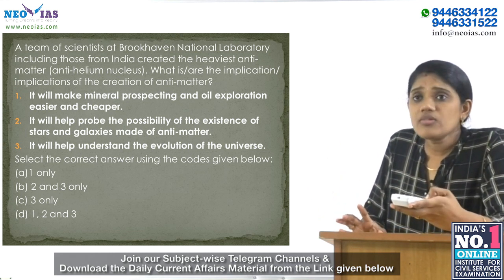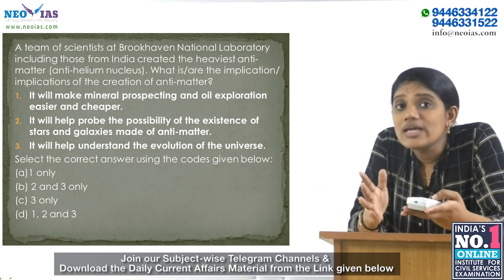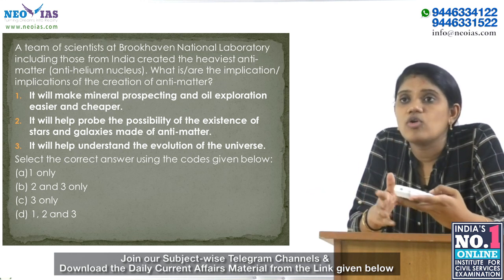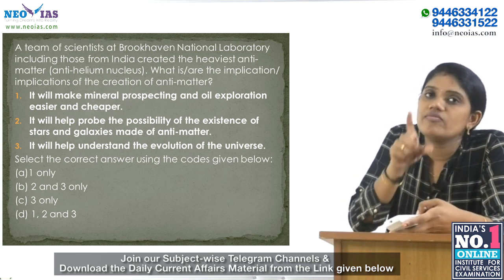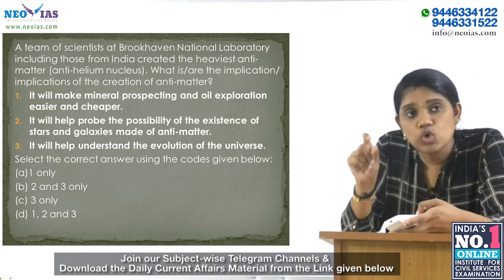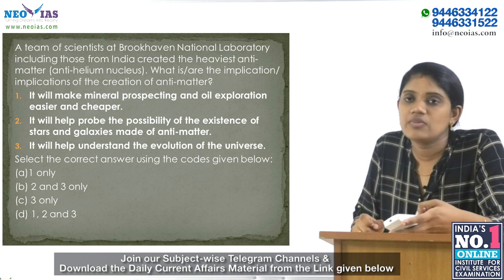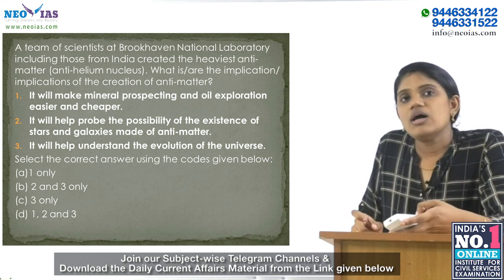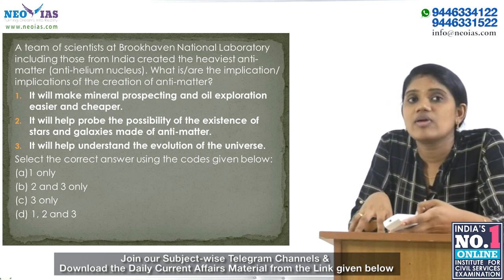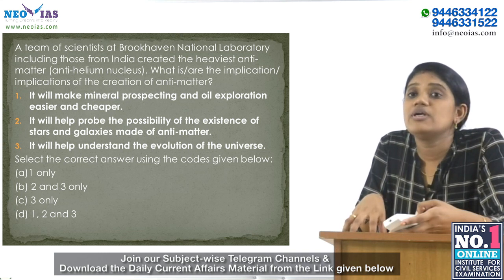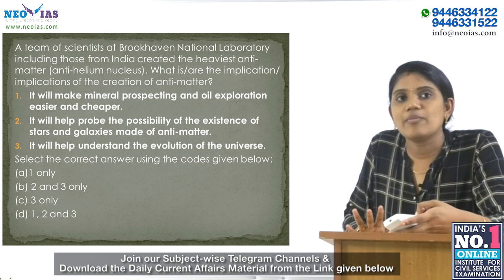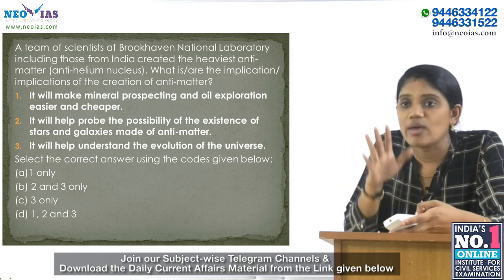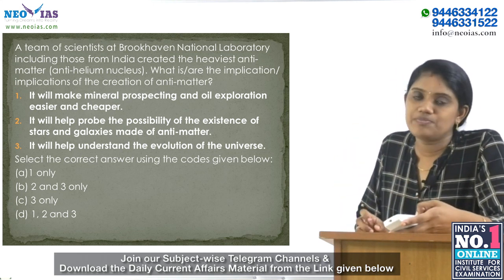And then regarding the nucleus of anti-helium-4, it consists of 2 antiprotons bound with 2 antineutrons. Okay. So, as a whole, its implications are that it will probe the possibility of the existence of stars and even galaxies made up of antimatter, and also the evolution of the universe.